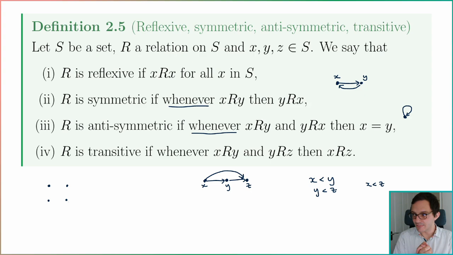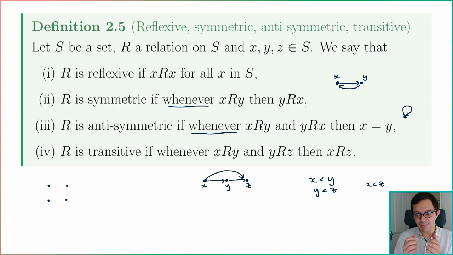We say that R is symmetric if whenever, in this case, a chess player has beaten another one, then also that chess player has beaten the first one. And they do play a lot of chess against each other, but I don't think it's true that whenever A has beaten B, B has beaten A at chess at some point. I think some of them are just better than others.